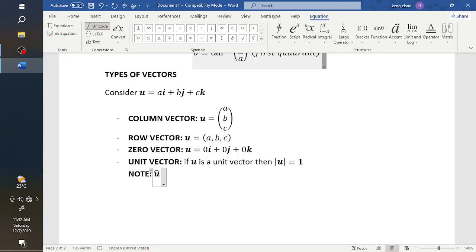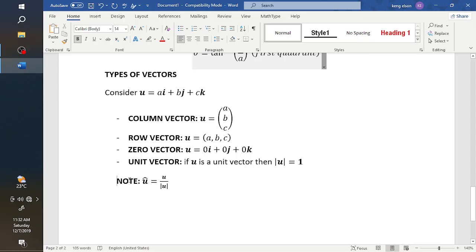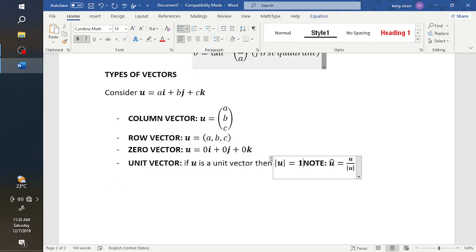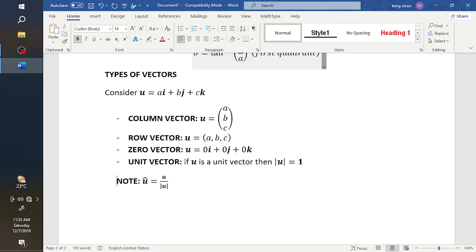This indicates a unit vector, and by definition we take the vector divided by its own magnitude. Doing this gives us the unit vector in the direction of u. So we have to take note of that.